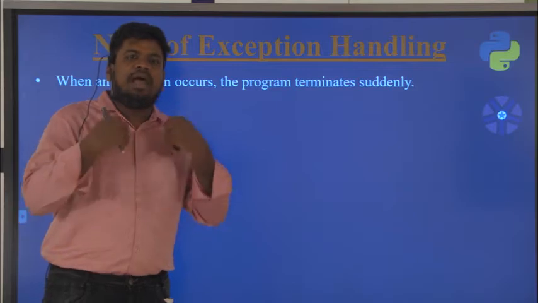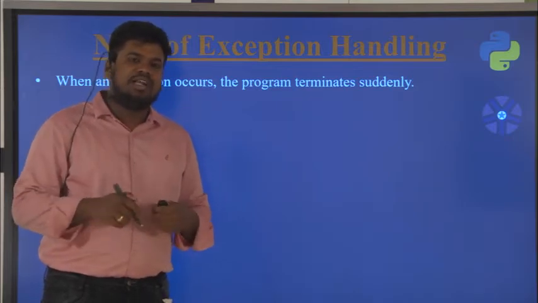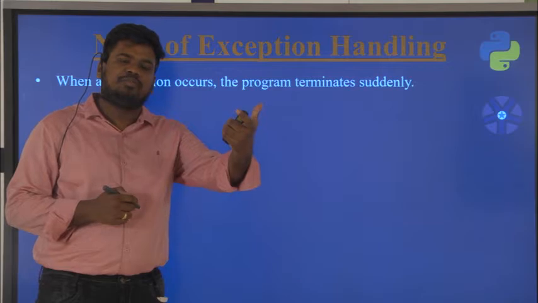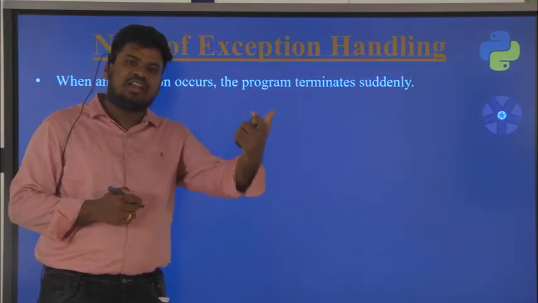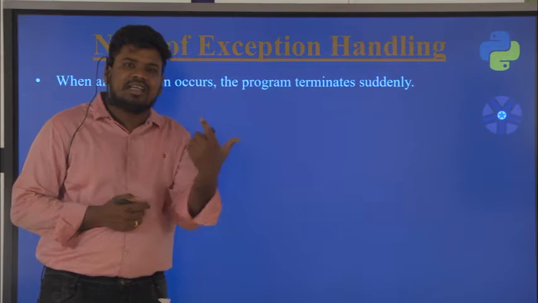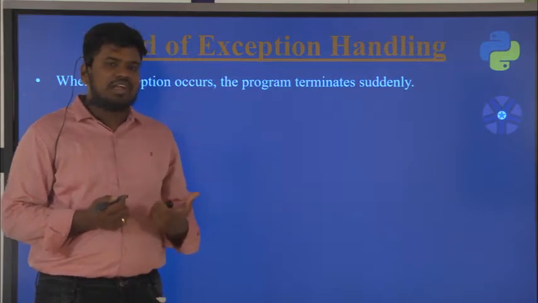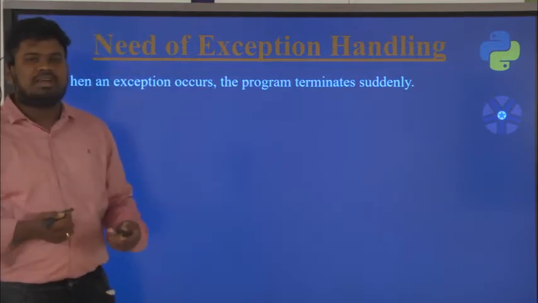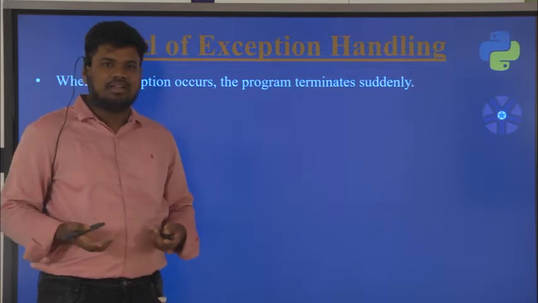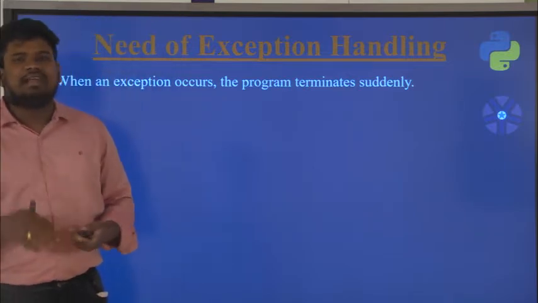So by using exception handling, I will display a suitable error to the user so that the user can understand it and rectify it in the next transaction. Without exception handling, the program terminates suddenly and the user won't understand anything. That is the reason why I need exception handling.